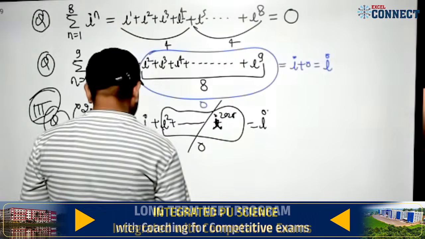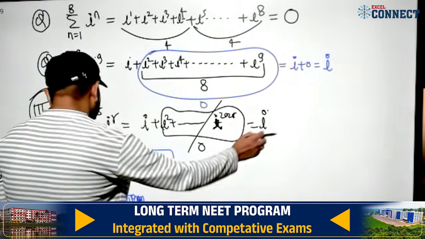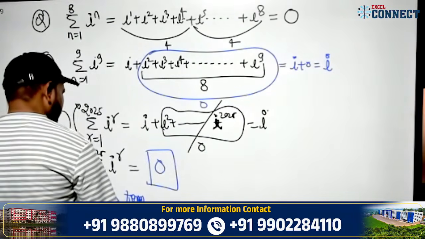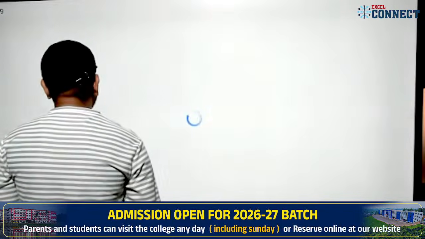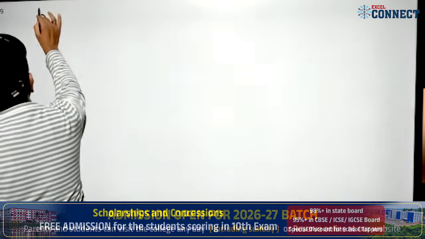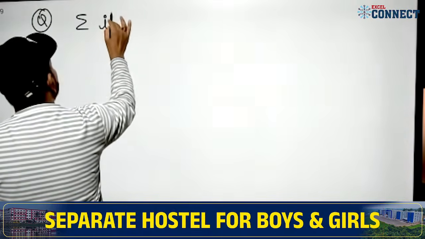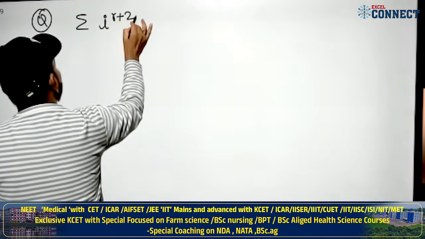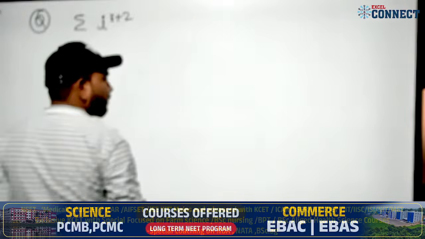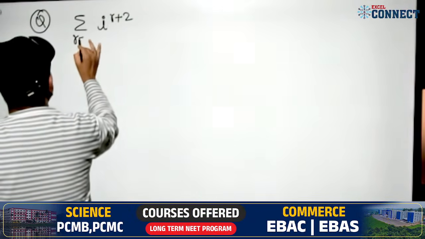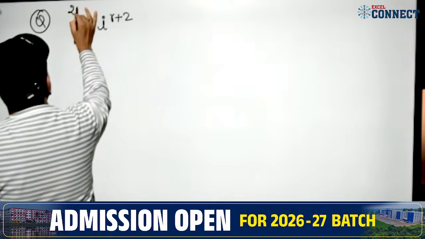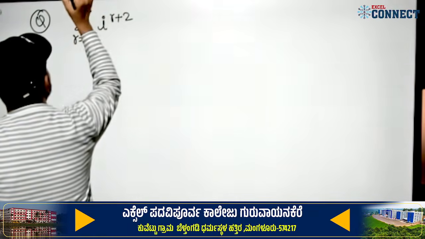Now, changing it a little bit. If I write here the summation of iota to the power r plus 2, with r equal to 1 to 2025, solve this.